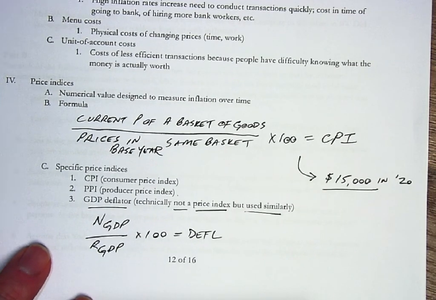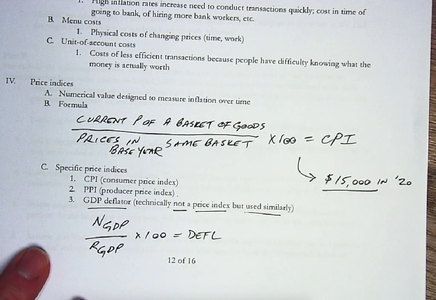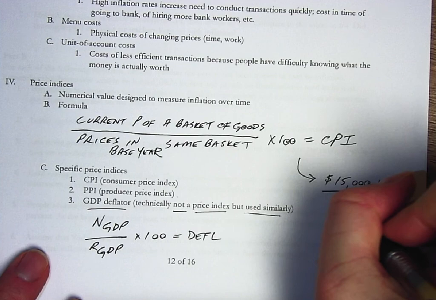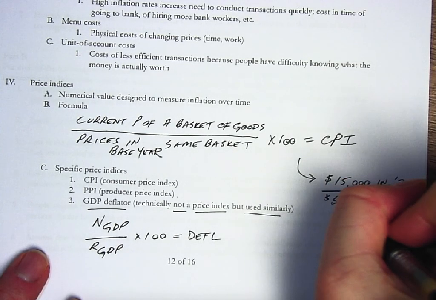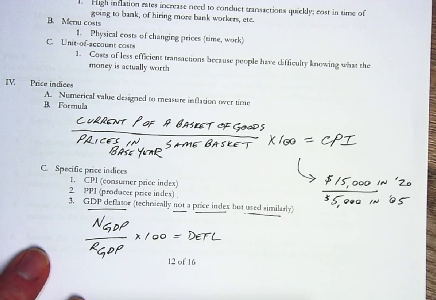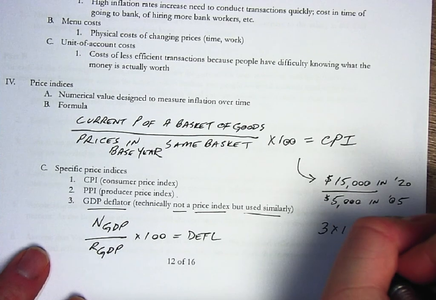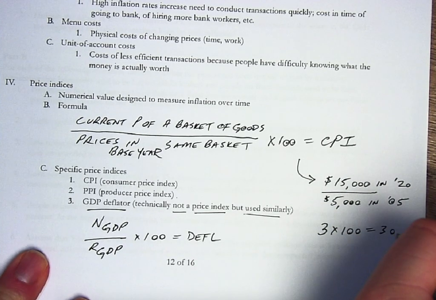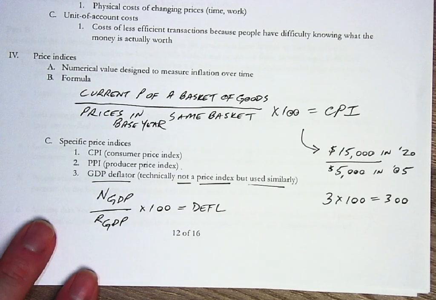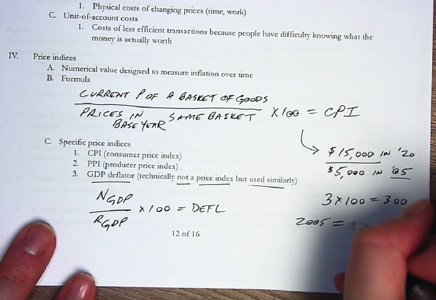And now let's say, well, how much was that basket in 2005, right? Well, we might say the exact same stuff was only $5,000 in 2005. And so then we say, okay, well, that's 3 times 100 gives us a CPI value of 300. Okay, well, in the base year, 2005, it would be equal to 100.